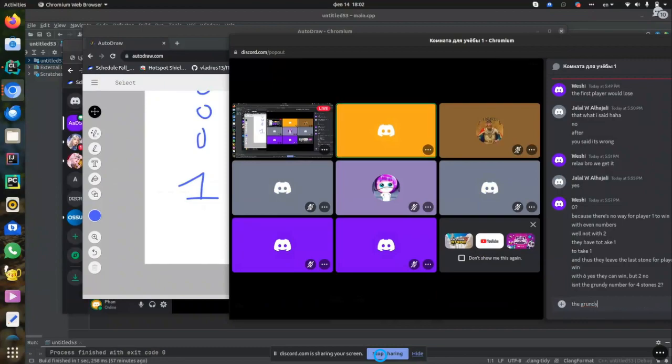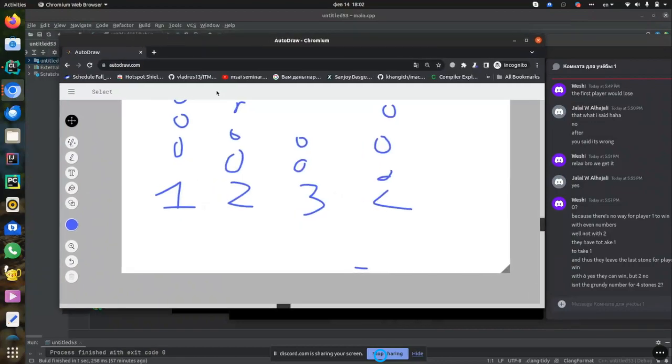No, it's not two. The Grundy value is zero, because if a player has four stones, he can take one or two or three, and the next position of the game can be 3, 2, or 1.